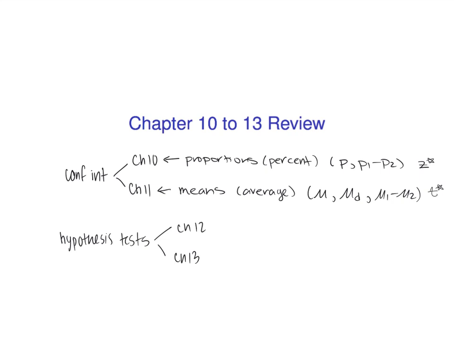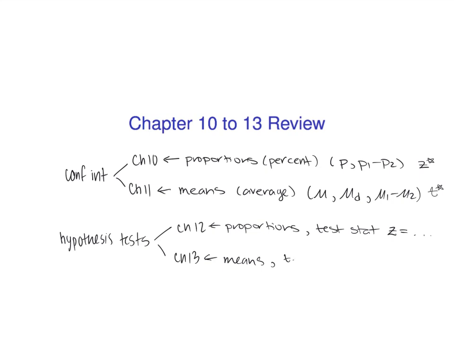All right, hypothesis tests. Once again, Chapter 12 deals with proportions. And Chapter 13 deals with means. Same hints. When you're talking about percents, proportions, averages, means. And once again, recall that your test statistic, in this case, is a z-value equals something.